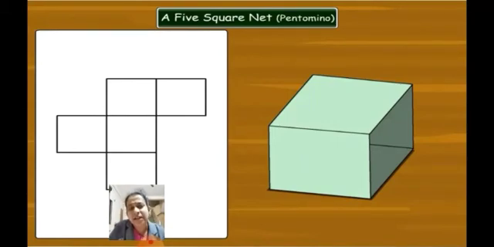Here you can see it is a different net from the one we have just seen. Three nets we have seen, so this is the fourth net. In this net also we can prepare an open box, also called a pentomino, a 5 square net. Remember this. Now this is another one.